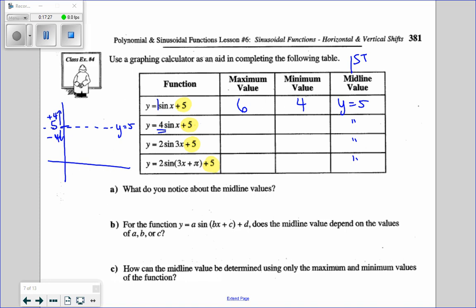If the midline's at 5, if you go up 4, that would be 9. If you go down 4, that would be at 1. What if it's a 2? Well, you would go up 2 and down 2. So it would go from 7 to 3, or 3 to 7, however you want to think of it. And this one's the same thing. It's also a 2, so 7 to 3.